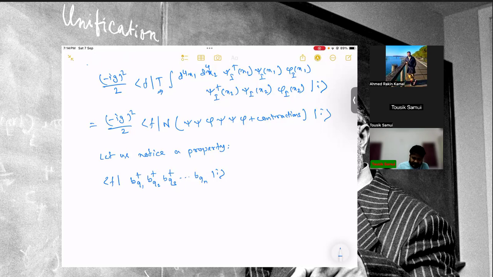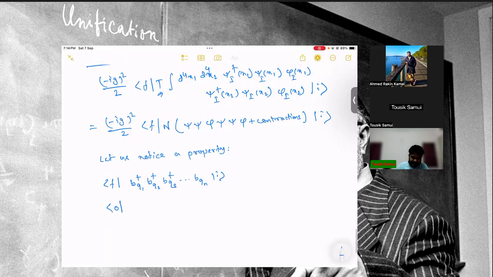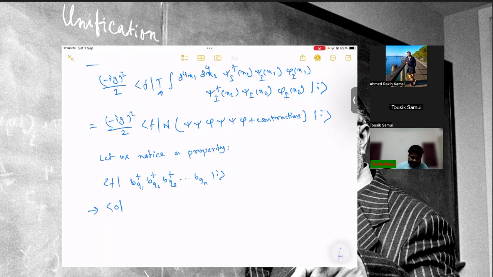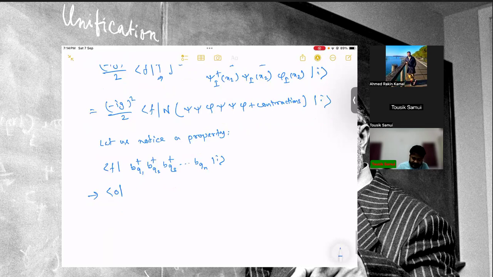This one is nothing but this, with proper normalization, not exactly the same, but with appropriate normalization with some constant factor. This is b p1 prime, b p2 prime, b q1 dagger, b q2 dagger, b q3 dagger.